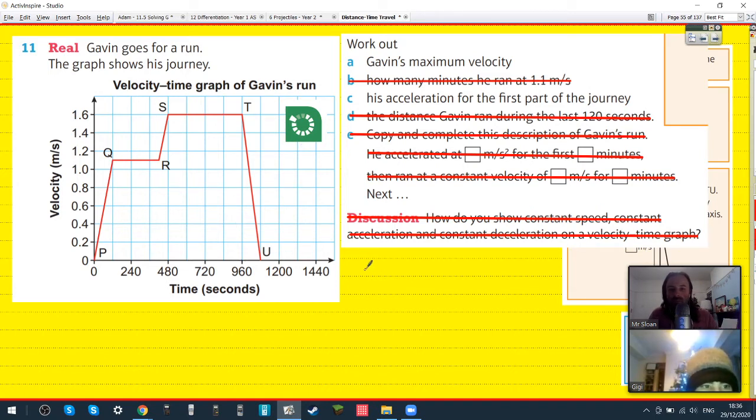Gavin's maximum velocity is 1.6 meters per second. Yep.